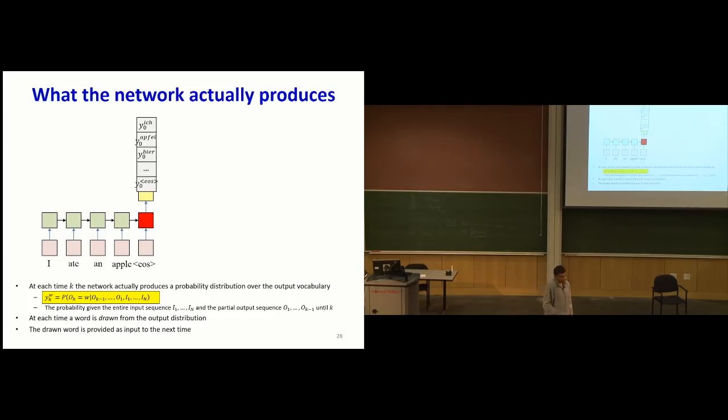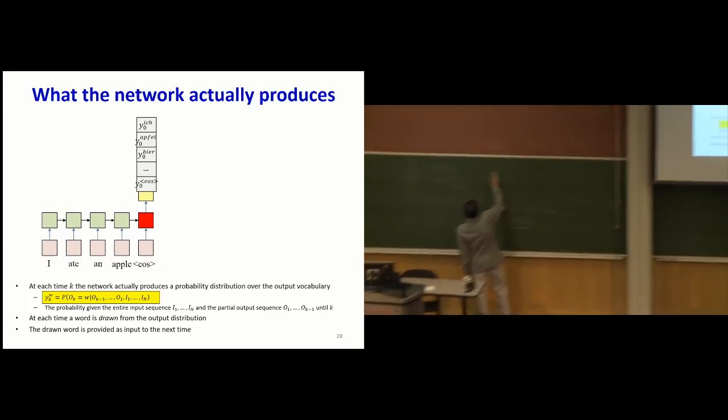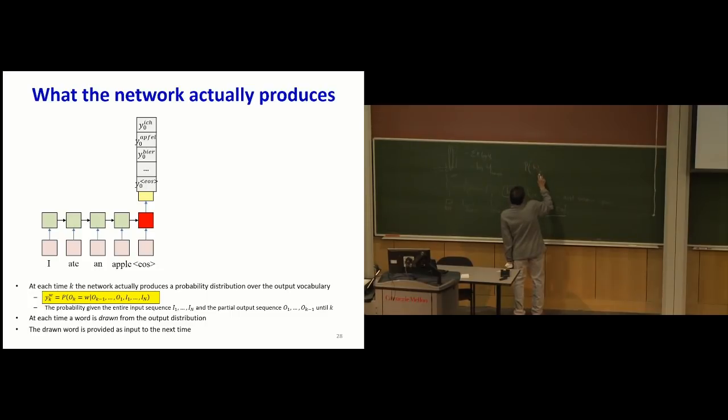And so if it produces a probability distribution over all words in German, what it is producing, at the first time instant, is the probability of the German word given the sequence of English words.